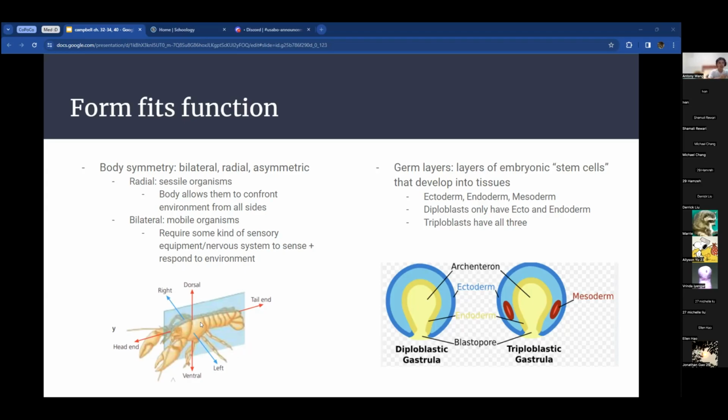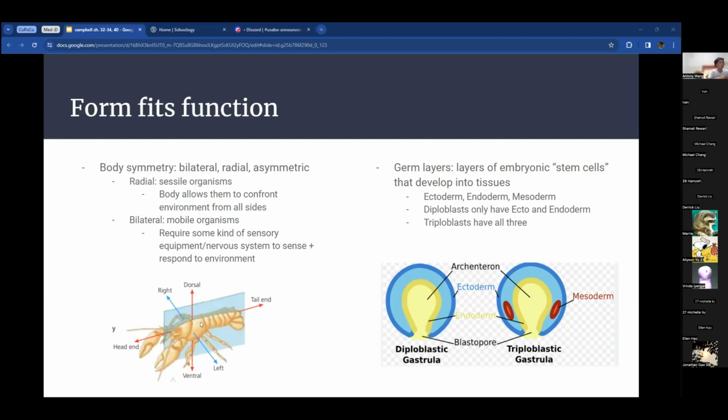There is some overlap with centralization, but cephalization just means the nervous system and its sensory organs get moved to the head end. So our eyes, ears, nose, they're all above the neck, right? They're all on the anterior side. So bilateral organisms are generally more mobile.